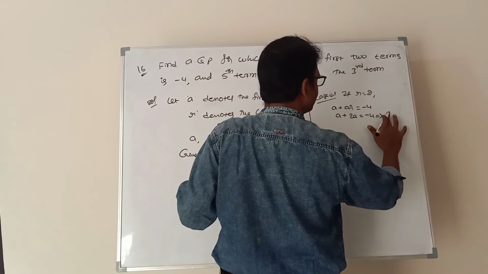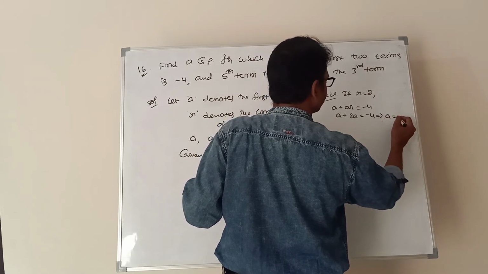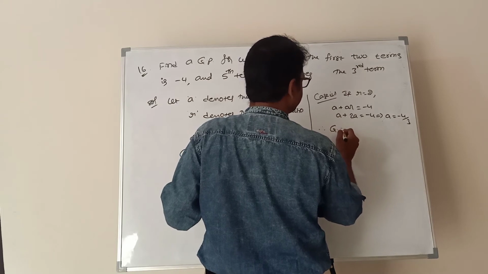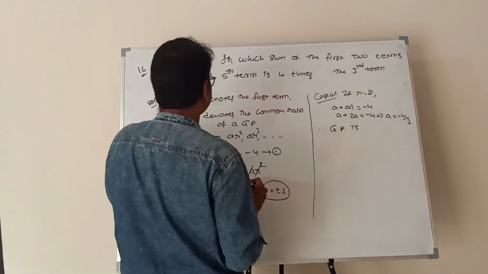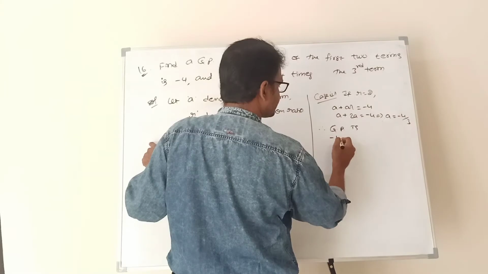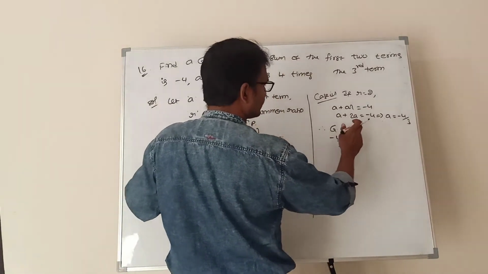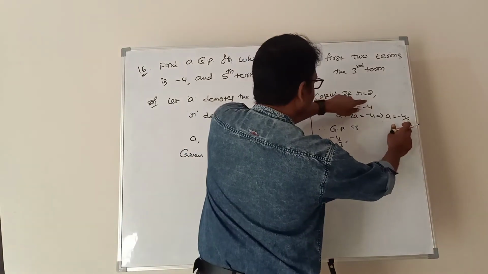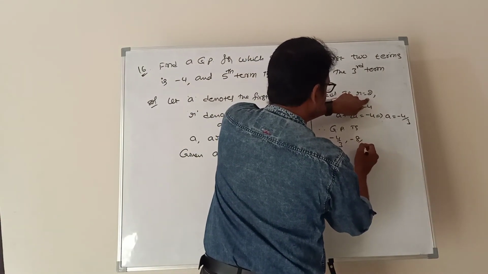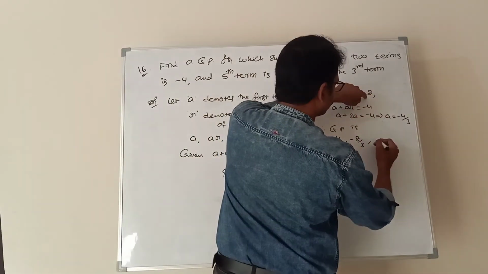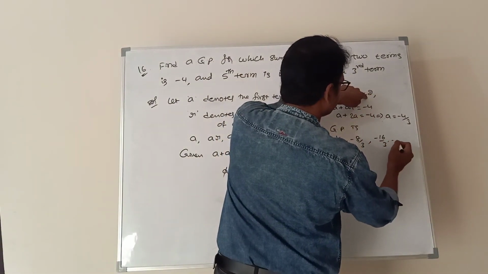So 3A is equal to minus 4, A is equal to minus 4 by 3. Therefore the required GP is A, which is minus 4 by 3, then A into R, minus 8 by 3, then A R square, minus 16 by 3, and so on.